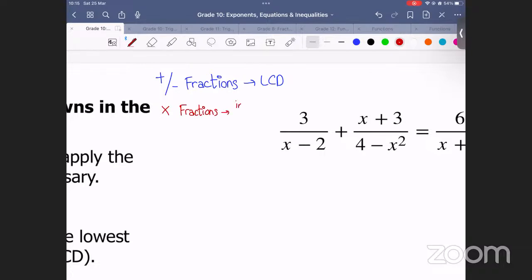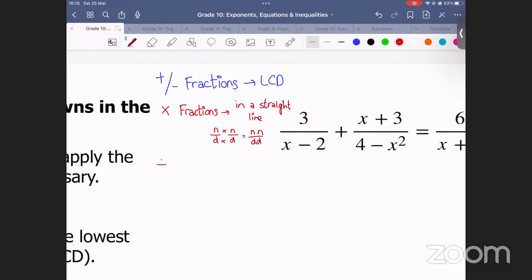How I like to remember it is in a straight line. What does in a straight line mean? It means numerator times numerator, denominator times denominator. So the new answer is the numerator times the numerator over the denominator times the denominator.